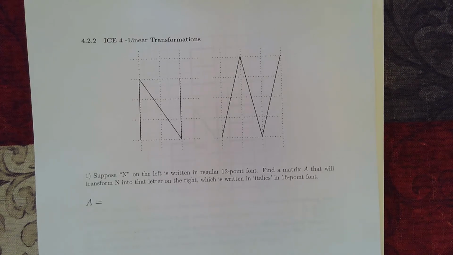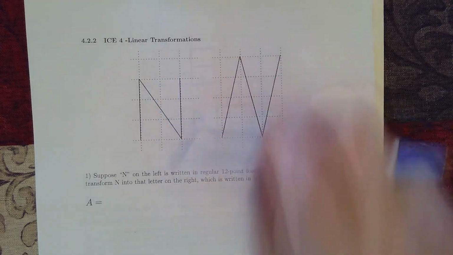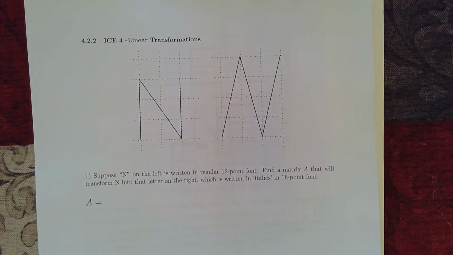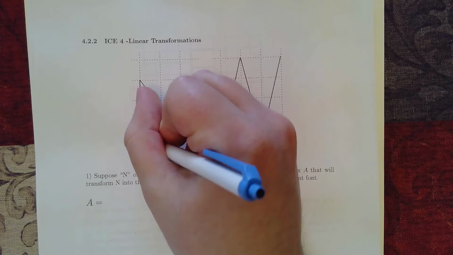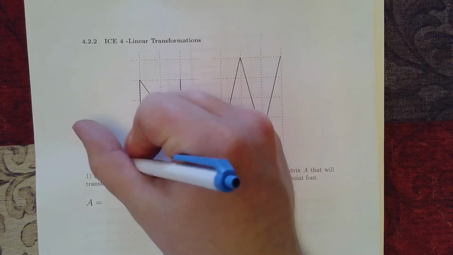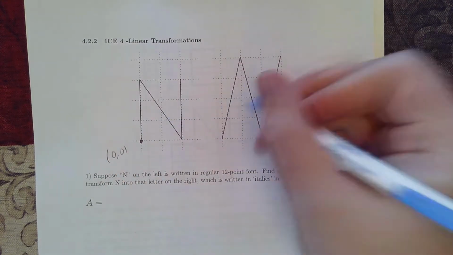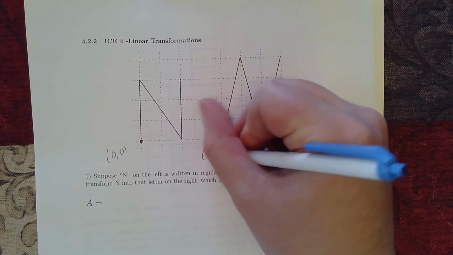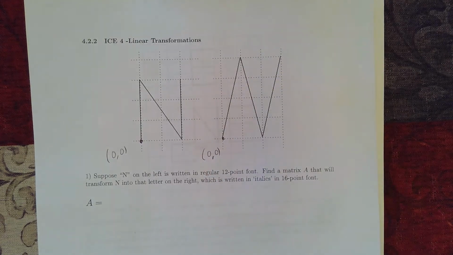What will help is if we can use this grid to identify some key points. All the points should map, but we only need to focus on a couple of key, easy to identify vertices here. So we might consider this bottom left corner of each of the ends to be the 0, 0 point, kind of our origin.